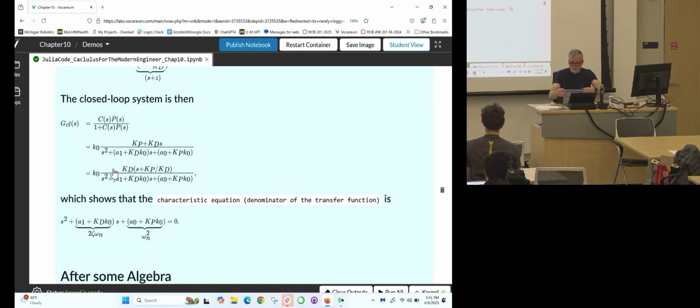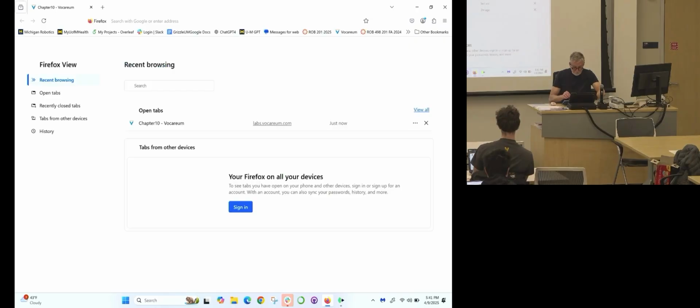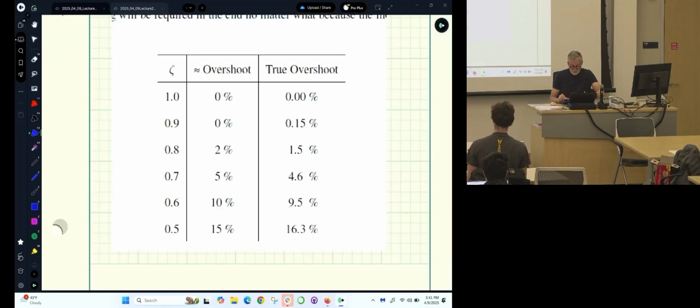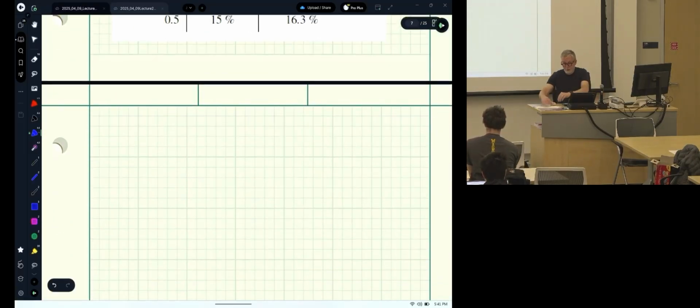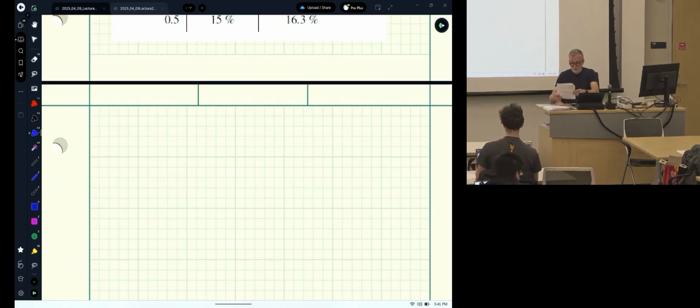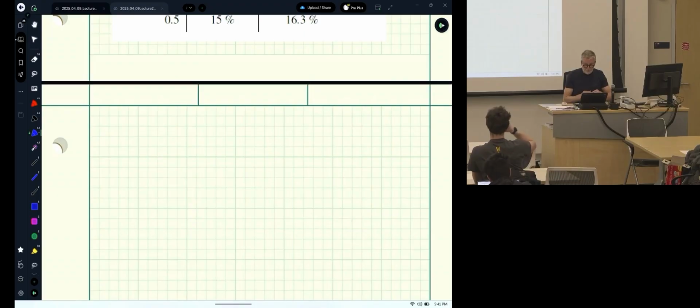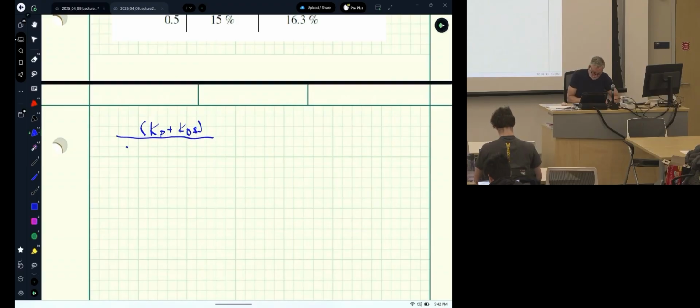Okay, so here's what the PD controller did. So we have something that looks like this. And, let me just put in the standard thing down here.